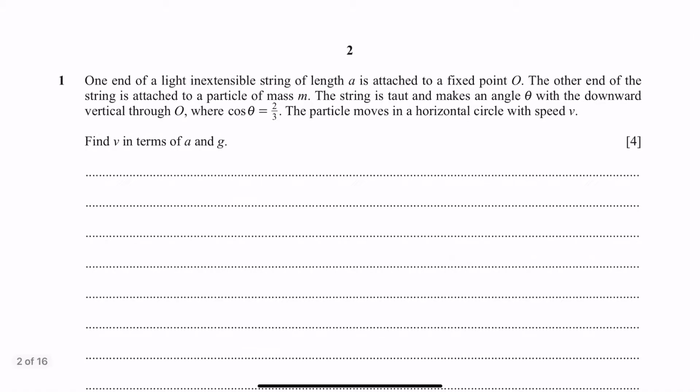So we have a string like this. This is O. This is the string. So it moves in a horizontal circle.